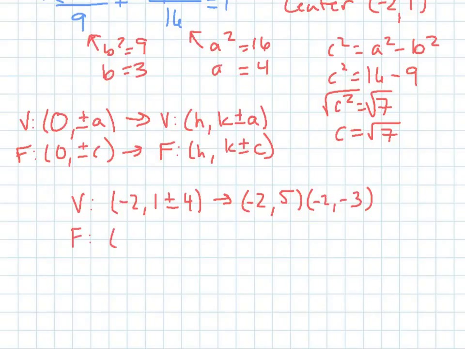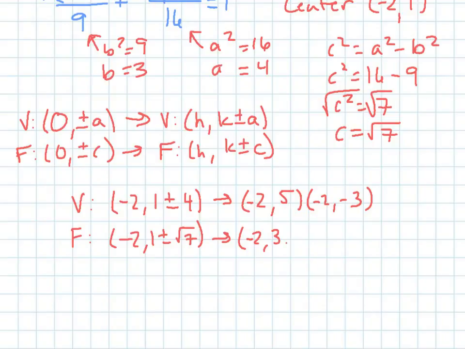My foci are going to be -2, comma, 1 plus or minus the square root of 7. Now here, because it's plus or minus the square root of 7, you can either choose to leave it, but it makes it hard to identify either. So you might want to actually figure out the decimal, which is unfortunate, but makes it easier for you to graph visually later on.